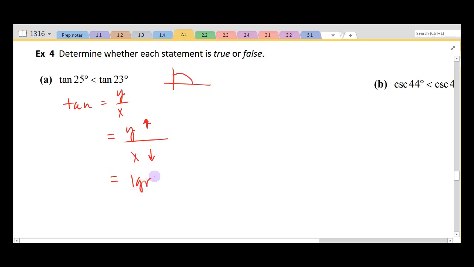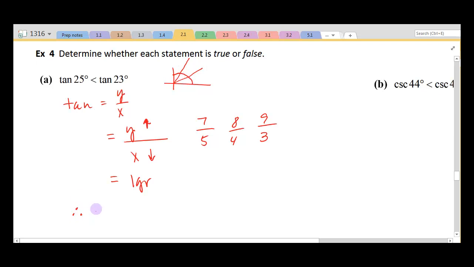If it helps for you to put some numbers in, we could say 7/5, 8/4, and 9/3. I can see that 9/3 would be 3, 8/4 would be 2, and this is somewhere over 1. So it's 1, 2, 3. You can see that the overall effect of the fraction is getting larger. So as my angle is increasing, the value of tangent would be increasing.